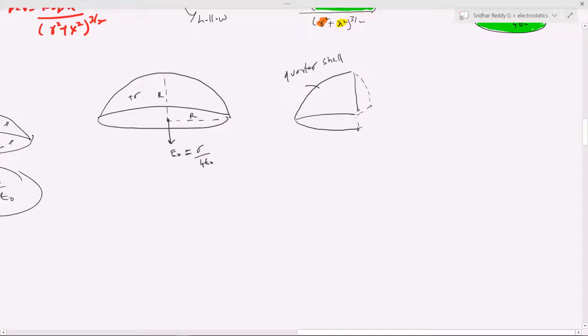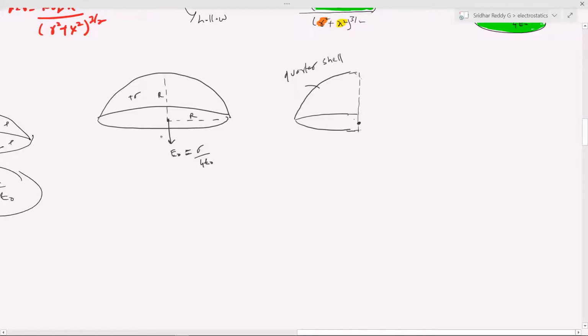I think if you cut it, no. Yeah, I think this will be a better diagram. Or else I'll give a plain diagram. I'm unable to get that one. So what we have done is half of the shell. So what is the field strength at the center O?